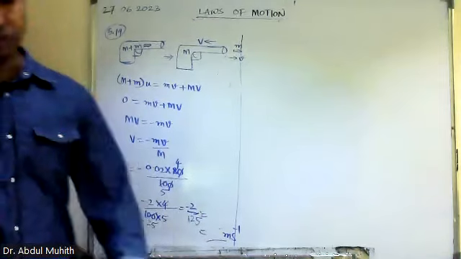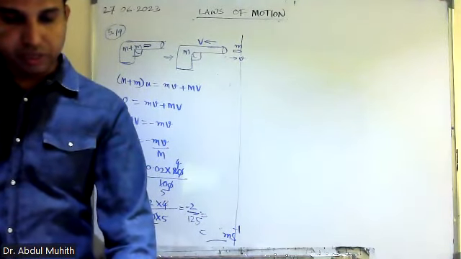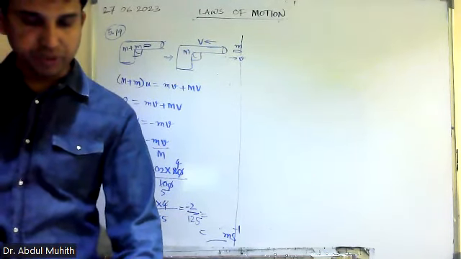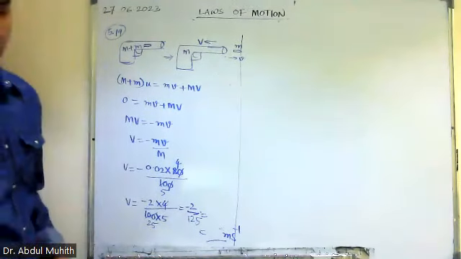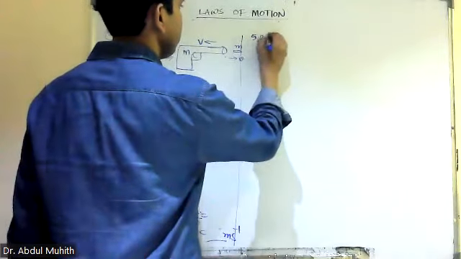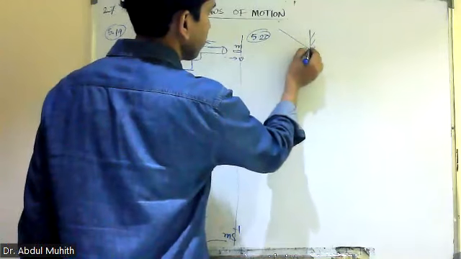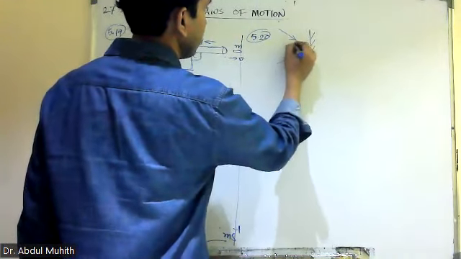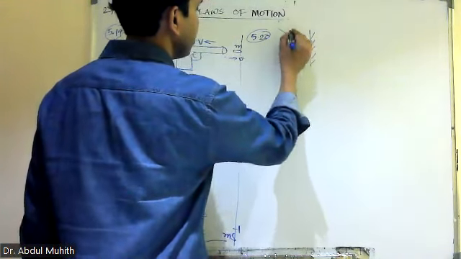Next question. A batsman deflects a ball by an angle of 45 degrees without changing its initial speed, which is 54 kilometers per hour. What is the impulse imparted to the ball? 5.20. So here this is 45 degrees, this is also 45 degrees.